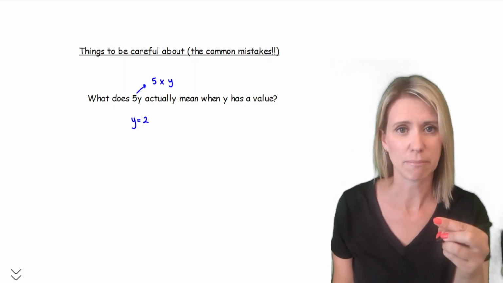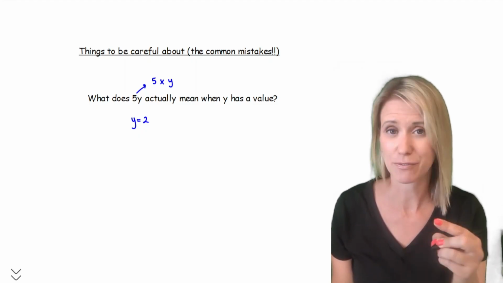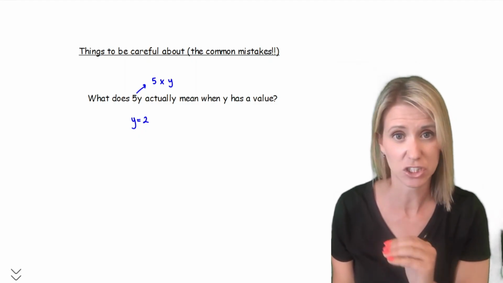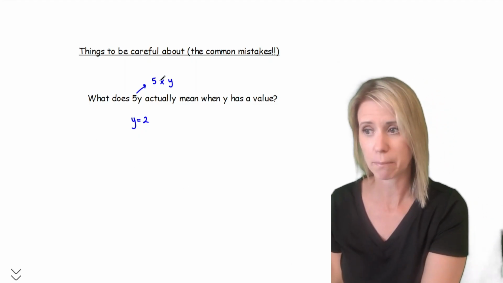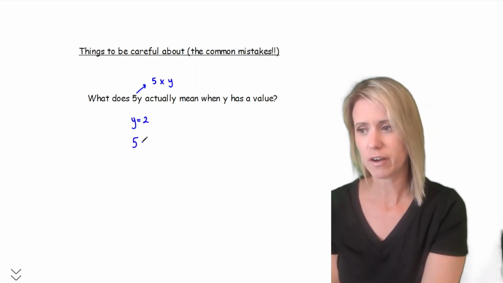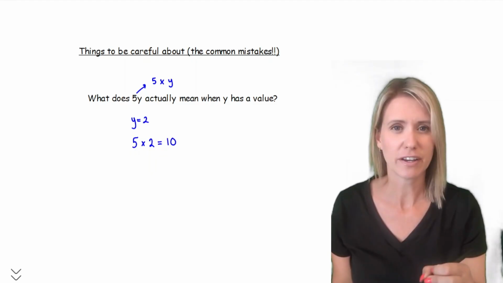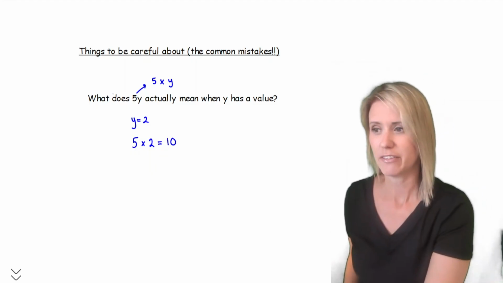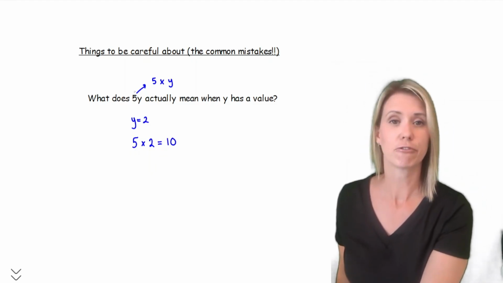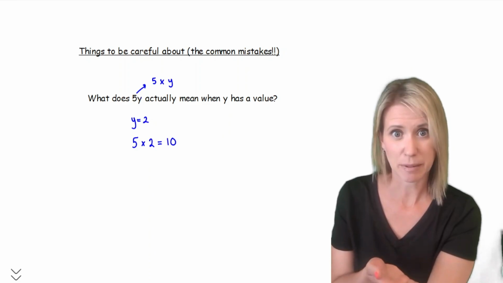We are not simply putting 2 in place of the y. It is not 52. It is 5 multiplied by 2, which would therefore be 10. So that's the first mistake, just realizing that this coefficient in front of the variable needs to be multiplied.